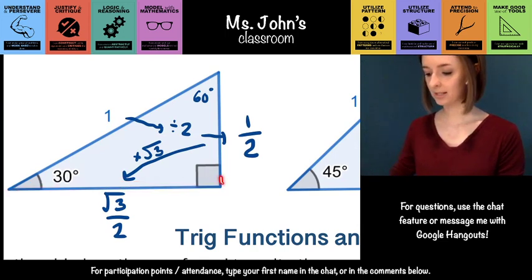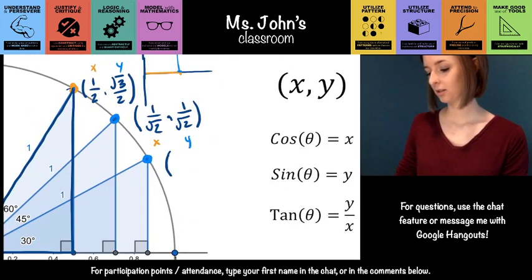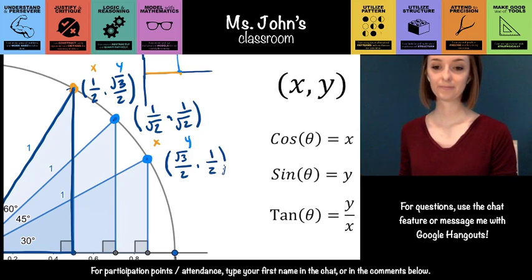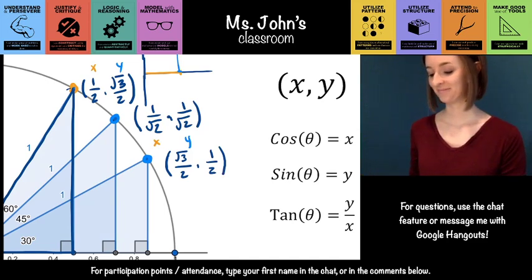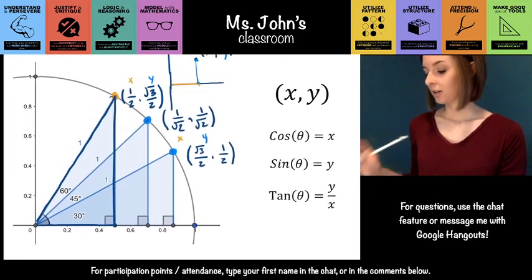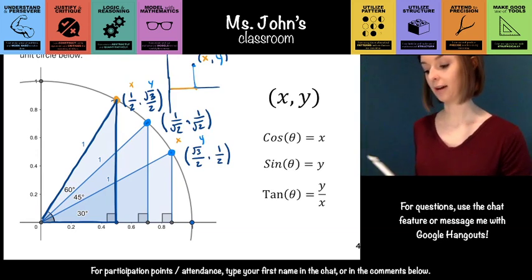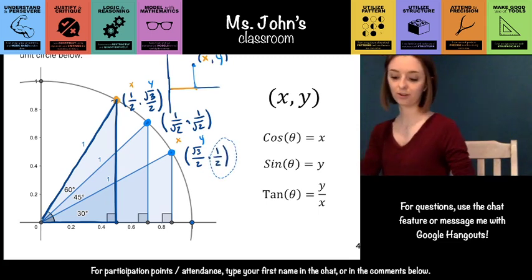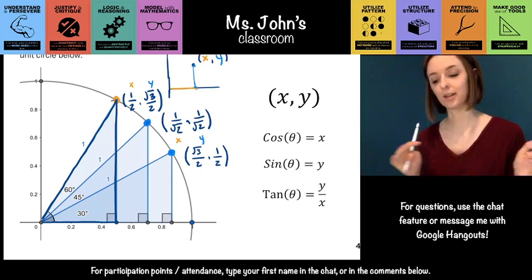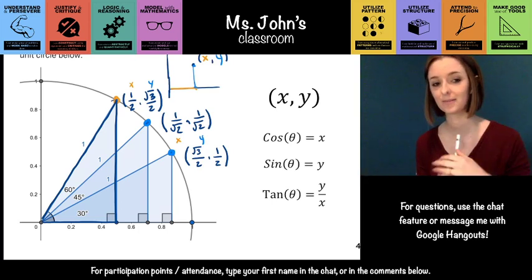So our point is going to be root 3 over 2, 1/2, because we're going over root 3 over 2, up 1/2. Hopefully that makes sense. You're using the triangle's side lengths to figure out the coordinates of those points. So coordinates on the coordinate plane, we're using horizontal and vertical distance.